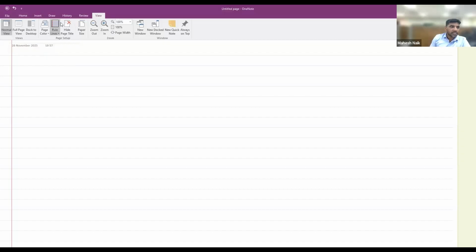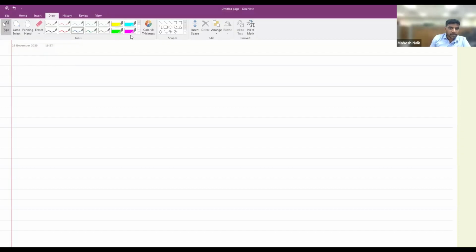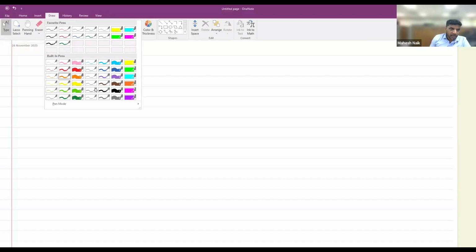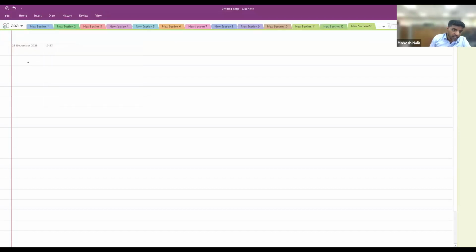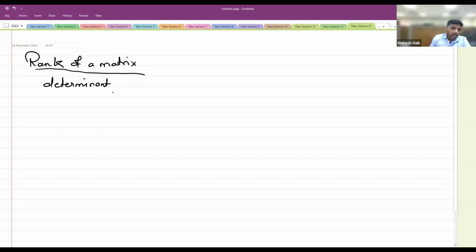Rank of the matrix. So rank proves to be a very important characteristic of a matrix. We can calculate the rank by using the concept of determinants, or we can proceed with row echelon form.